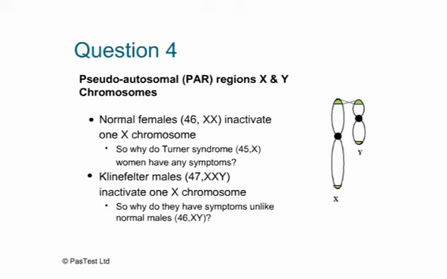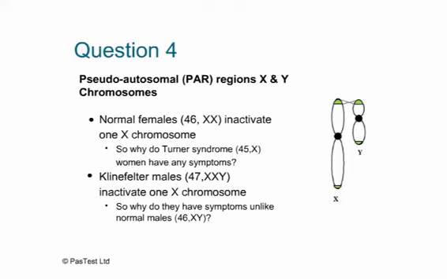And so it may have occurred to you to wonder, if a normal woman with 46 chromosomes and 2 X's normally inactivates one X chromosome, why does a woman with only one X chromosome, with Turner syndrome, have any symptoms whatsoever? Because surely she's in exactly the same position genetically as a normal woman. And similarly, you might ask, why would a Klinefelter man, who again would inactivate one of the two X chromosomes, be any different from a man with 46XY?